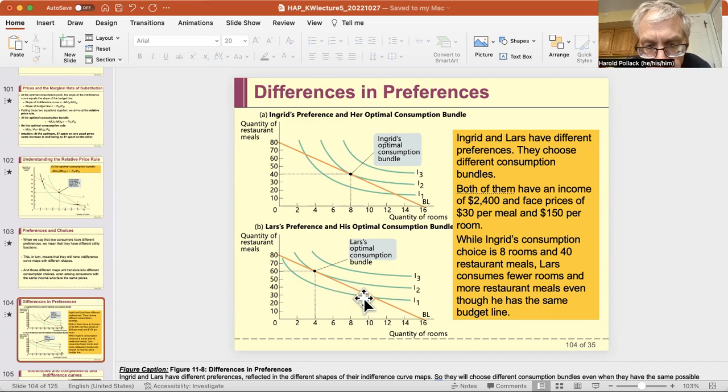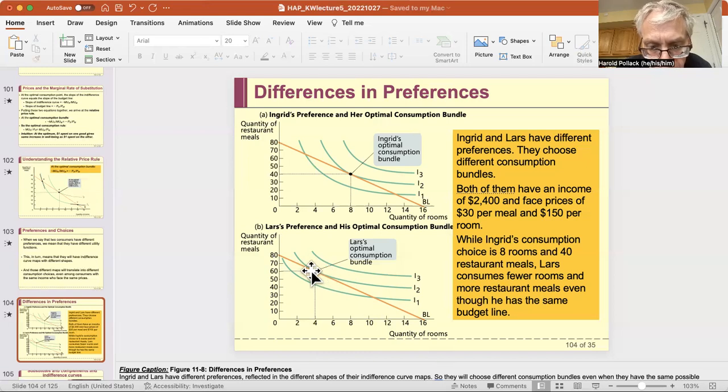So what Lars is doing is, he starts at I1, and he's got exactly the same budget line as Ingrid. But in order for him to have the point on the indifference curve that's got the same slope as this budget line, he's actually got to go a little bit further to the left than Ingrid is, because his curve gets flat so fast that if he's looking for a point where the slope of the indifference curve is this steep, he's got to come pretty far over to the left in order to find that.